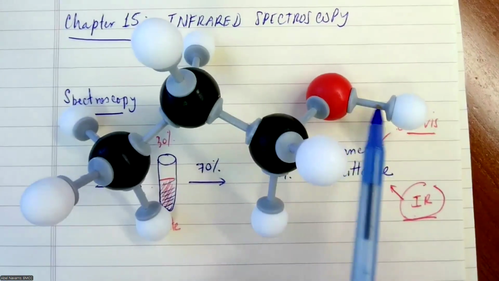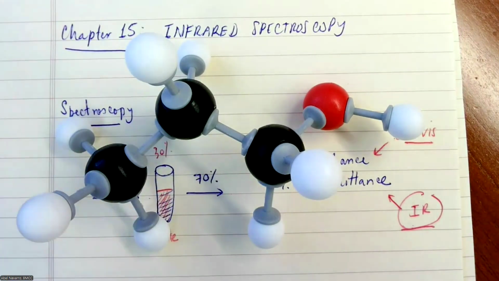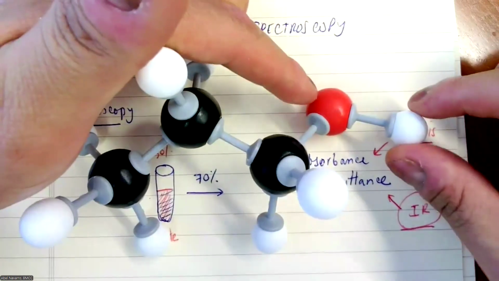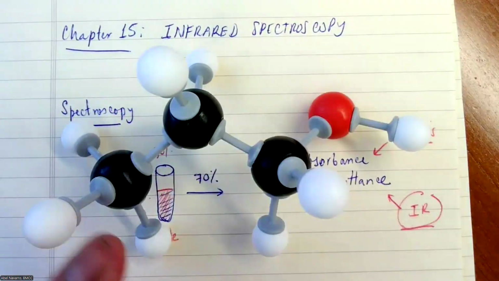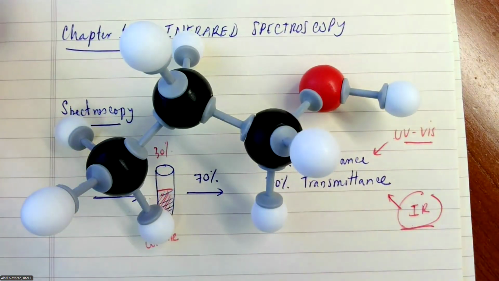You will see this one will have a particular mode, another particular mode. And of course, are all the scissorings, twistings, stretchings, and bendings the same? No. Why? Because the polarity is not the same. An OH polarity is not the same as a CO polarity. It's not the same as a CH polarity, right? So they will have all different types of vibrations. That's what makes the difference, and you will see different responses, okay?